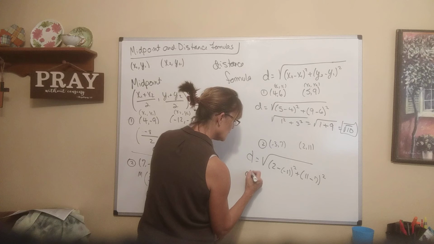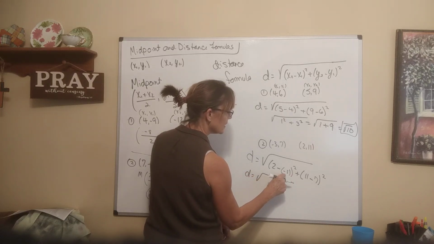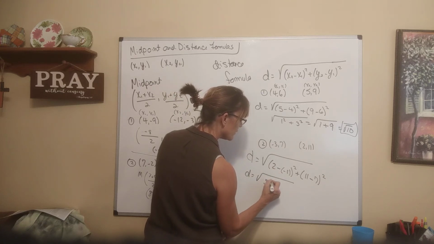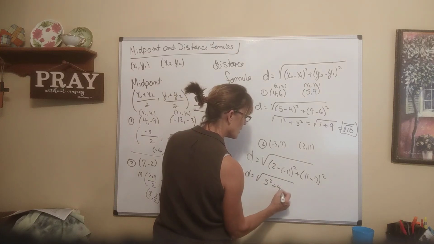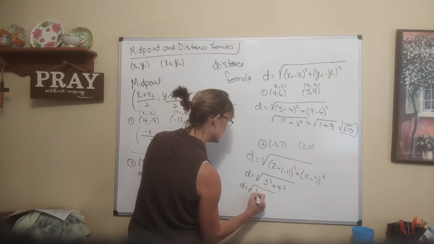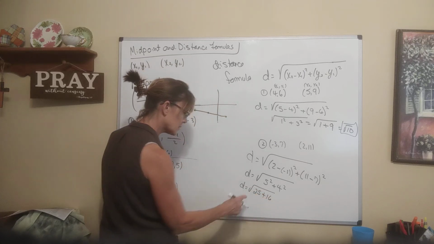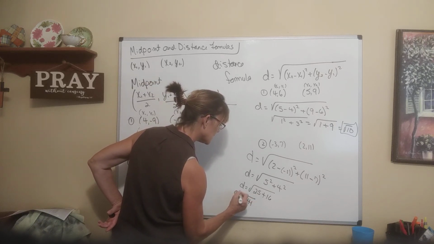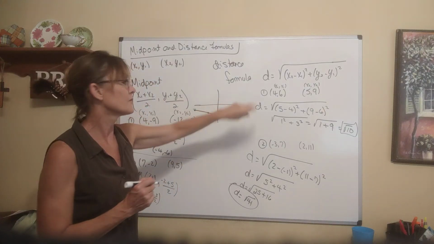This is equal to the square root of 2 minus -3, which is really 2 plus 3, 5 squared, plus 11 minus 7, which is a 4 squared. The distance is equal to the square root of 25 plus 16. If I add those together, I get 41. So the distance is the square root of 41. That's what we get for those.